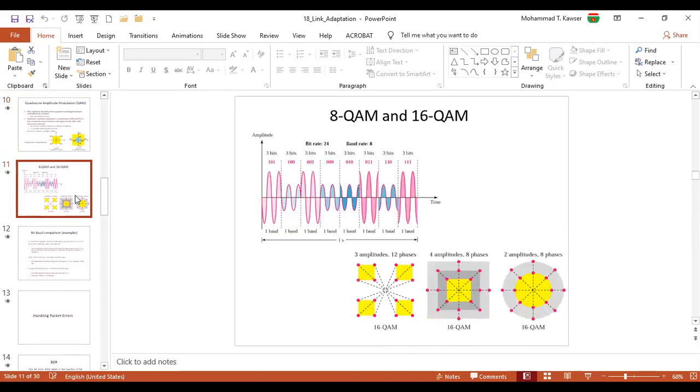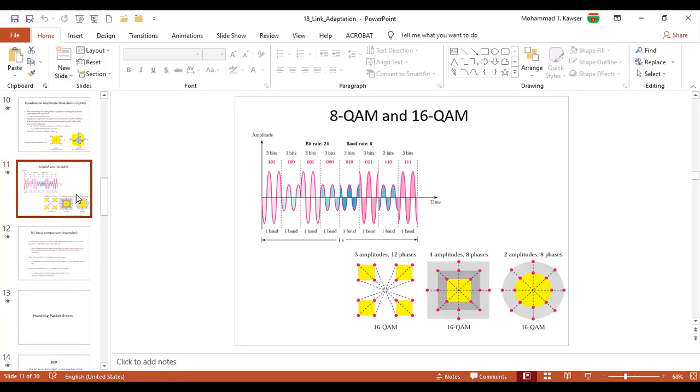But when you go to a higher level of modulation, 16 QAM, then the separation is less. So in this case, if you have poor CINR, there's a higher chance of misdetection, because misdetection occurs when you're confused between the positions of two dots, and if the positions are closer, then there is a higher chance of confusion.